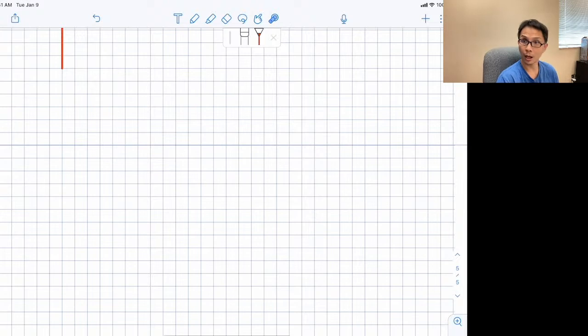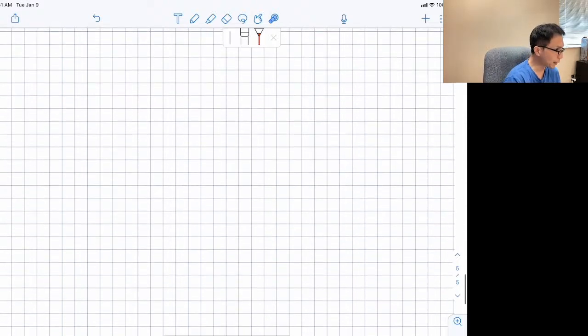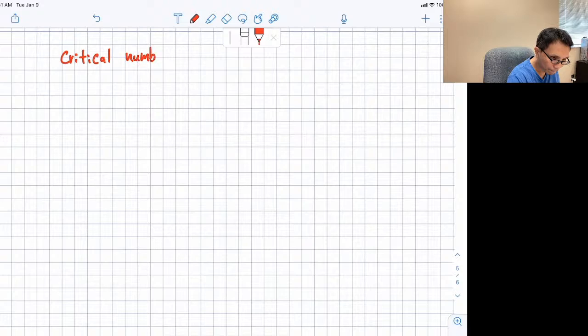Okay. Now we're going to talk about what a critical number is. So, critical number. What is a critical number? The critical number occurs at f prime of x equal to 0.